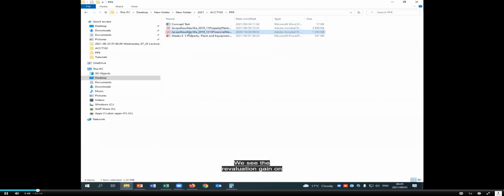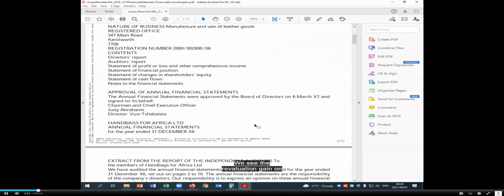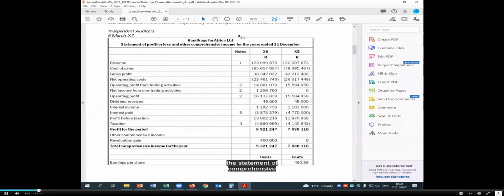We see the revaluation gain on the statement of comprehensive income for the year. So if it happens during the year where there's a gain, you will see it, but you won't see it under your normal profit and loss section. This is where you see your normal sales, your cost of sales, your admin expenses, all those kind of things are normal profit and loss.